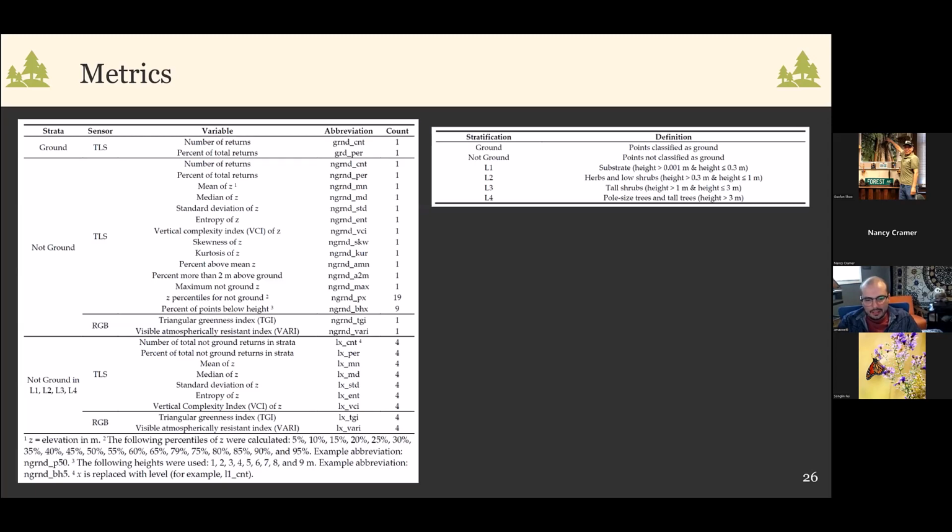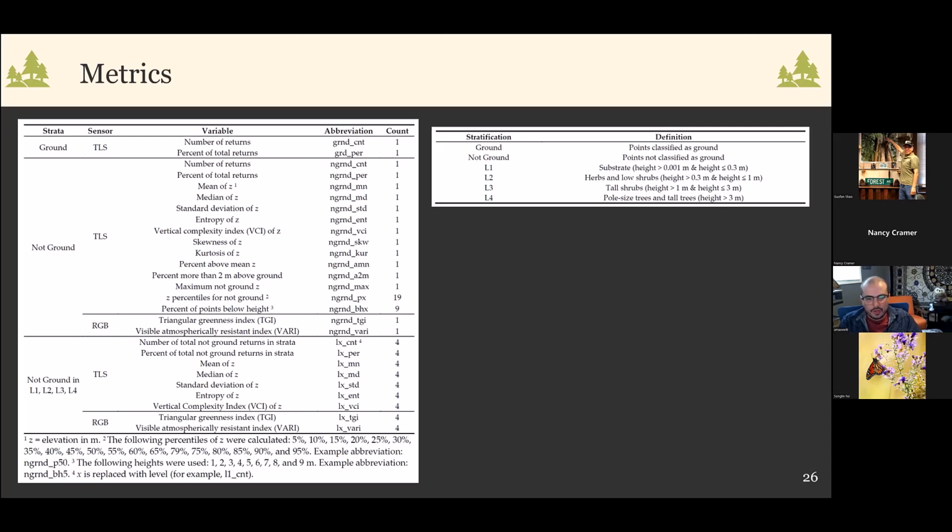Then we aggregated the data into height bins, and within those height bins, we calculated a bunch of summary metrics, mainly from the Z values, or the height measurements, within the height bin. We also had RGB data because this unit collects some non-calibrated, non-analytical image data associated with the point measurements. From that, we calculated a couple of visible band indices and included those in the calculation.